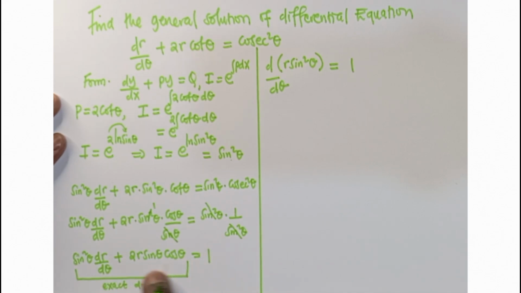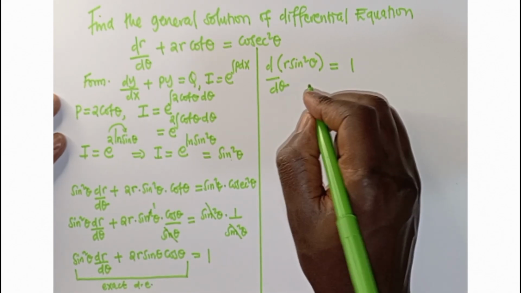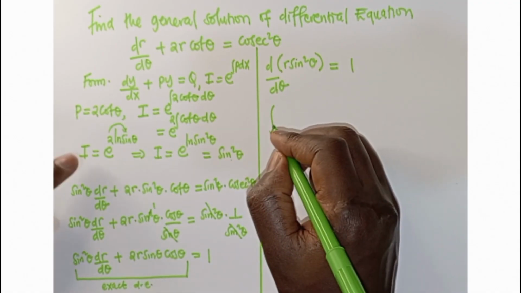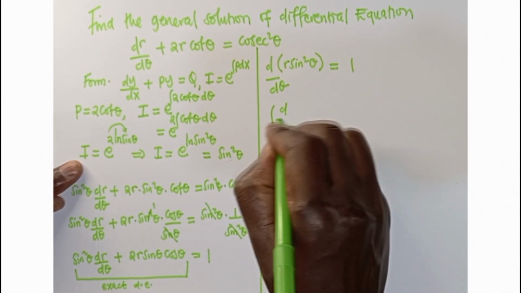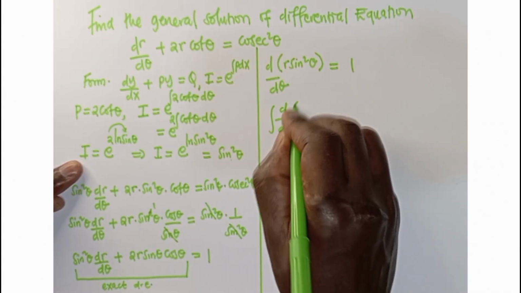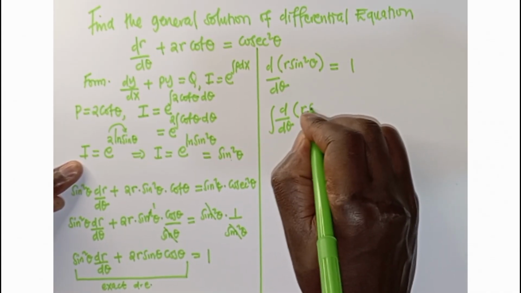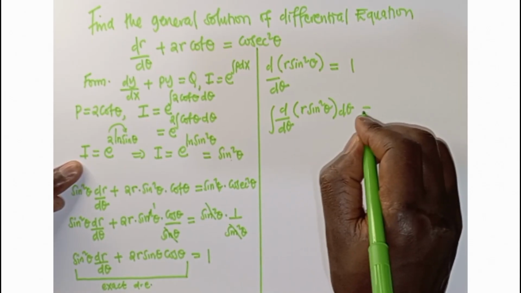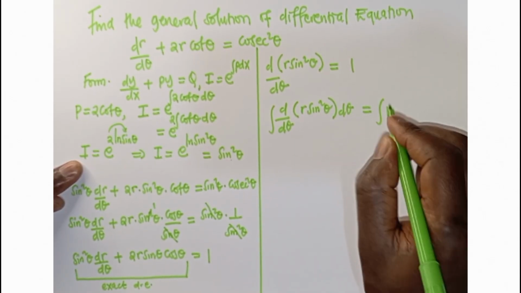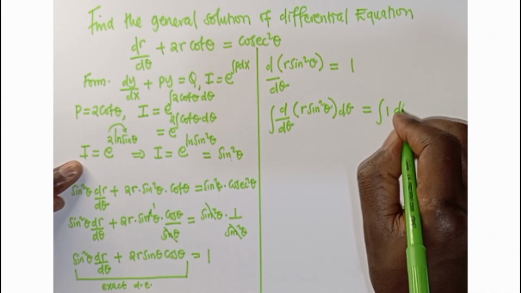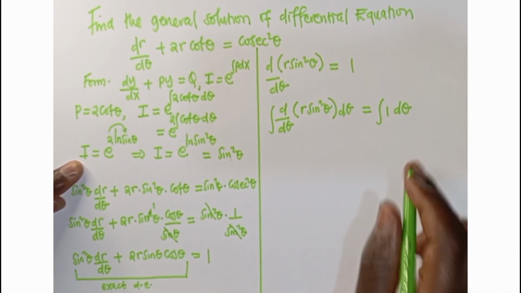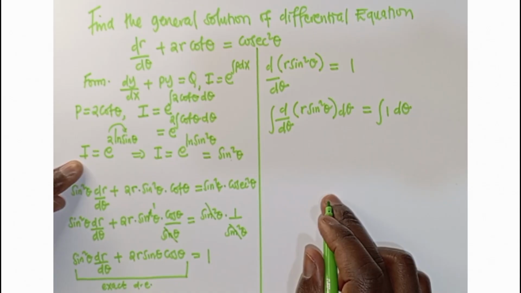So easy things. Now, the next thing is to integrate on both sides. So we shall have the integral of the derivative with respect to θ of r sin squared θ dθ is actually the integral of 1 dθ. Now we go ahead and crush the number.